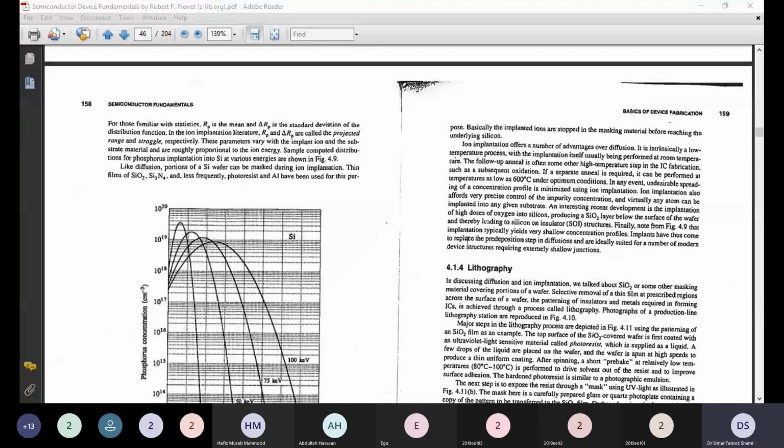Finally, note from figure 4.9 that implantation typically yields a very shallow concentration profile. Implants thus have come to replace the pre-doping step in diffusion and are ideally suited for a number of modern device structures requiring extremely shallow junctions.